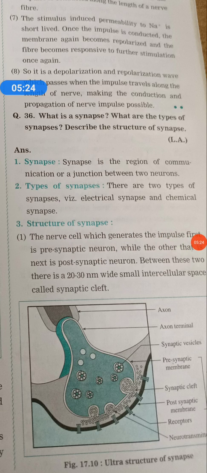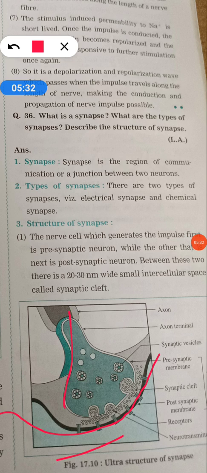The nerve cell which generates the impulse first is called the presynaptic neuron, and the other is called the postsynaptic neuron. Between these two neurons there is a 20 to 30 nanometer wide space, which is called the synapse, or the synaptic cleft.